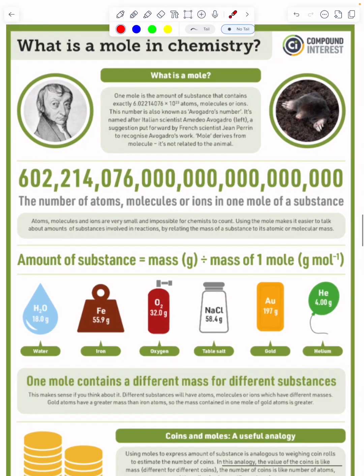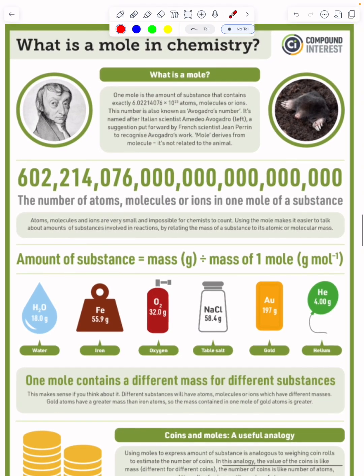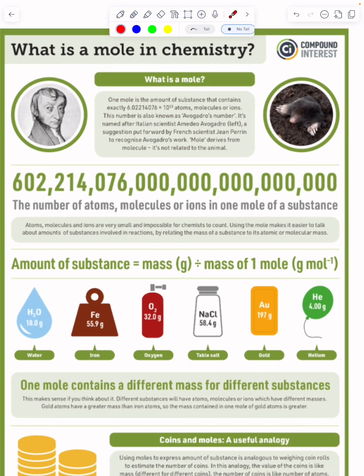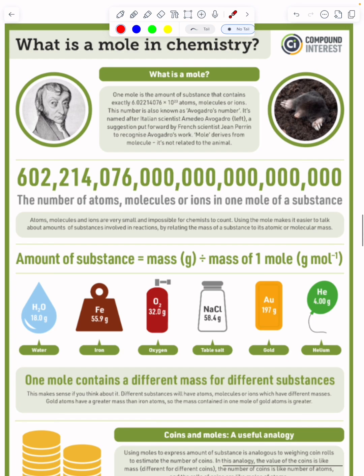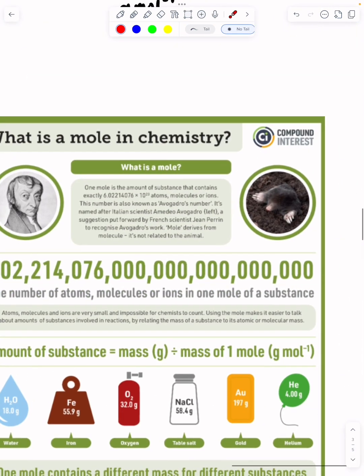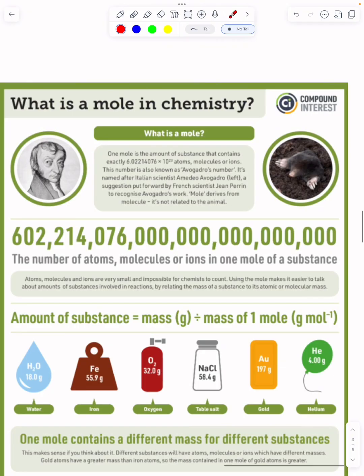If we've got a mole of eggs, which is this many eggs, versus a mole of bowling balls, even though they're both 1 mole, the mole of bowling balls will probably weigh a lot more than the mole of eggs. So a mole is a grouping word, or basically something that pops a huge number into its own category. So hopefully that makes sense.